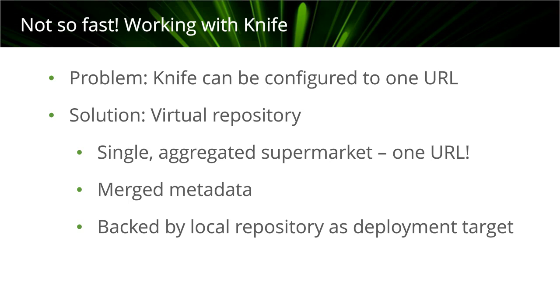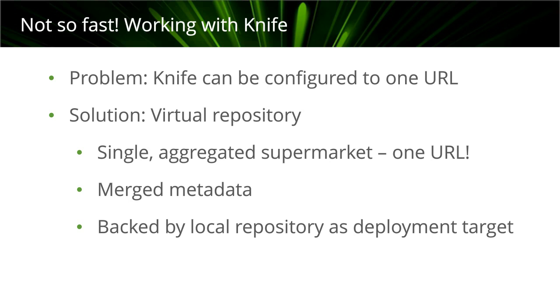There is a way to hard code the URL that your Knife is configured to work with, but then you need to select one. And if you set up multiple supermarkets or multiple repositories in Artifactory, the question is, how can you switch? How can you retrieve cookbooks from the Chef supermarket cache from one side and deploy your own cookbooks into your local repository?